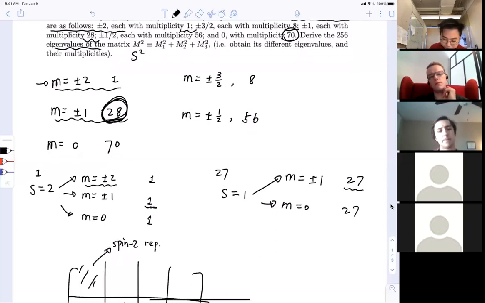You can do a similar analysis for spin 0. Spin 0 only gives us m equals 0.